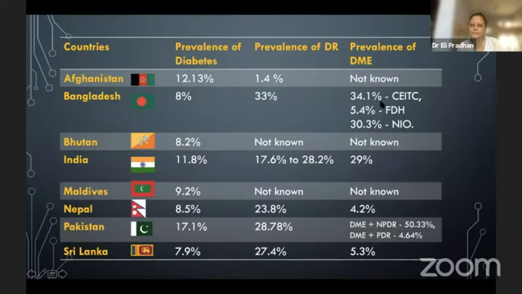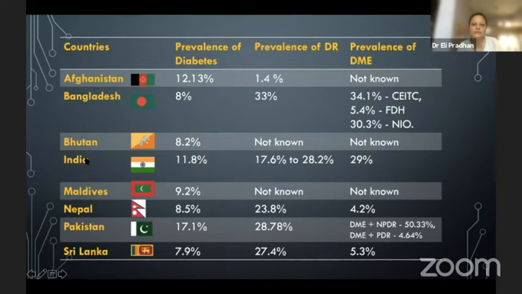There's 34.1% in Chittagong Eye Infirmary, 5.4% in Ferry Diabetic Health Center, 30.3% in National Eye Institute. Bhutan: 8.2% diabetes, prevalence of diabetic retinopathy is not known, and prevalence of DME is also not known.